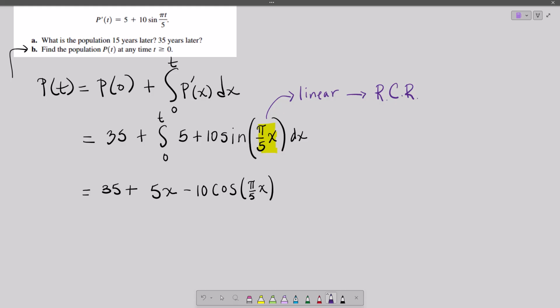Pi over 5, right? If you have a constant times x, its derivative is that constant. The derivative of 7x is 7. The derivative of pi over 5 times x is pi over 5. That is the part that we have to divide by. So down here, the reverse chain rule part, we are going to divide by pi fifths.